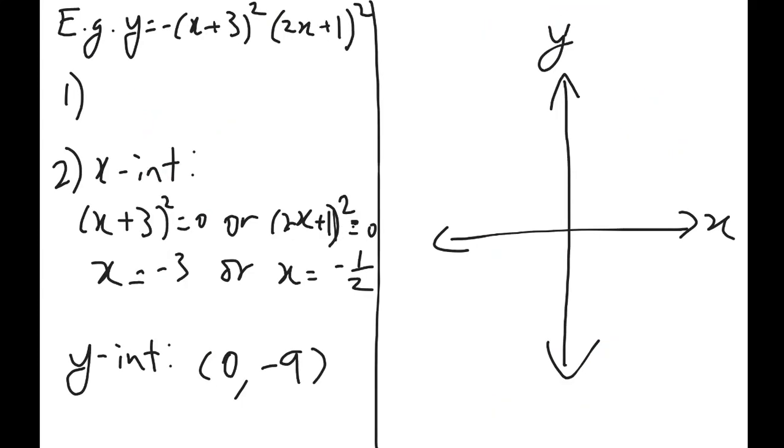So, last example here. We have y equals to negative bracket x plus 3 squared bracket 2x plus 1 squared. This time around, if you have a look, we have a negative there, so we need to put that negative in. We have x squared and 2x squared.